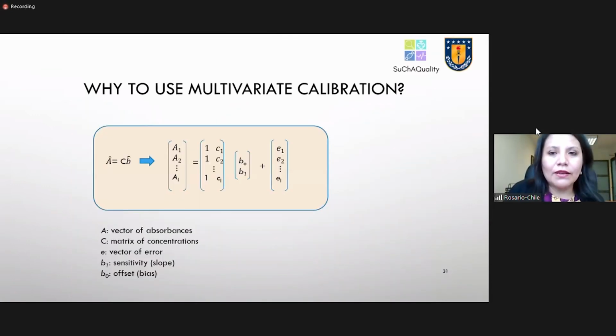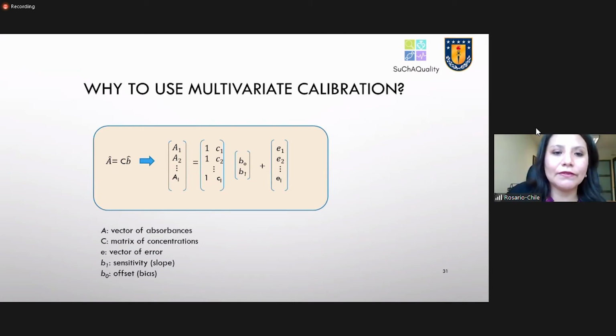Okay, the question is why to use multivariate calibration? I have here a representation of the Lambert-Beer law. Absorbance is a signal response in function of concentration and a constant, and also a path length.